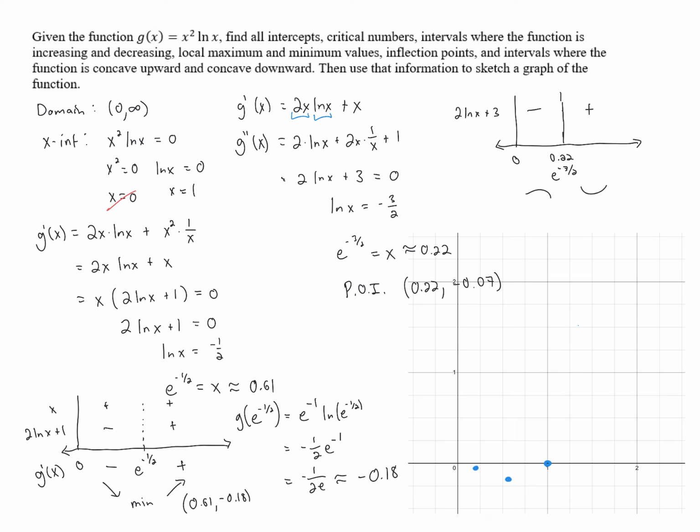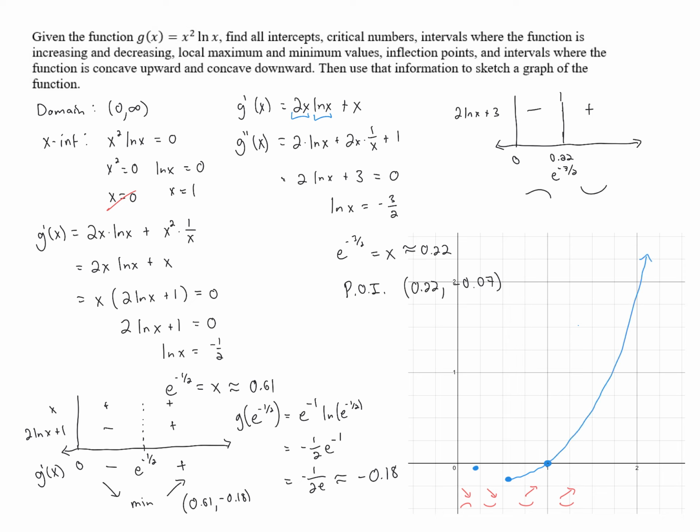And our function is doing what? It's decreasing until the minimum, and then it's increasing. And we said it's going to be concave down until that point of inflection, and then concave up everywhere else. So it looks like if we start with our minimum and we go to the right, we're going to be increasing and concave up.